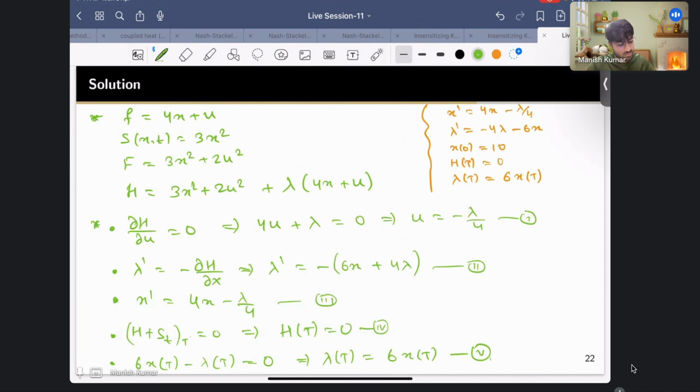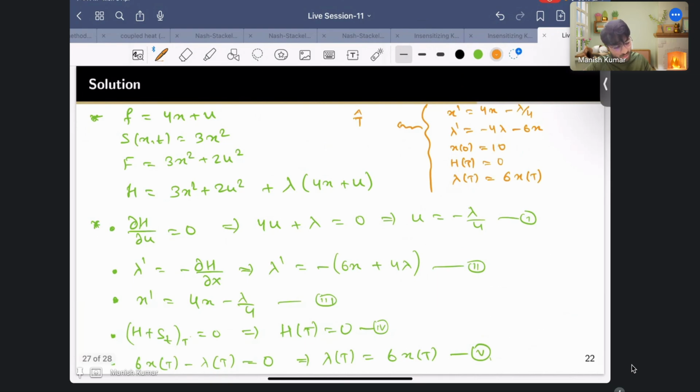So if you solve this system, this is no problem. For x prime you have this equation, no issue, but for lambda prime you have to look at these two conditions, right? If you solve this whole system, you will get a T hat.